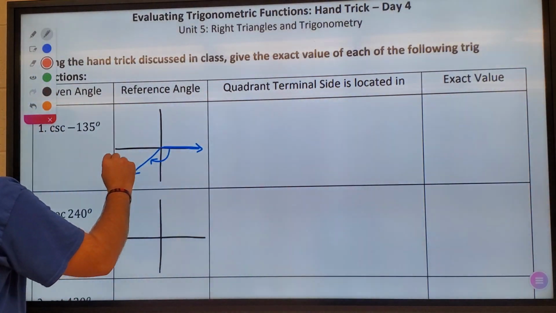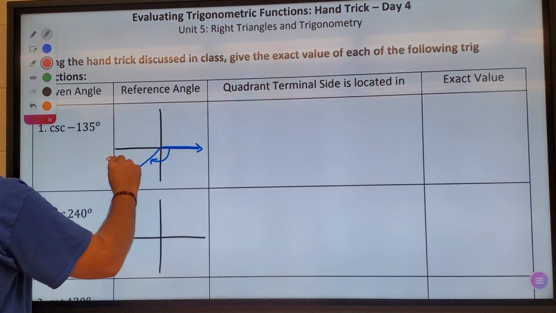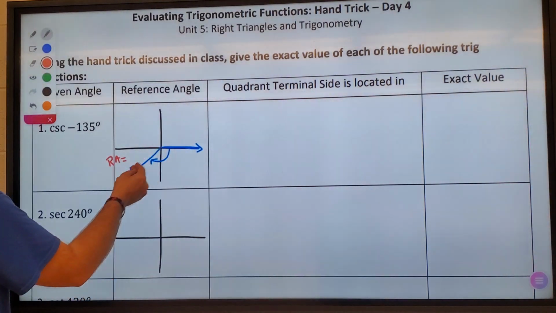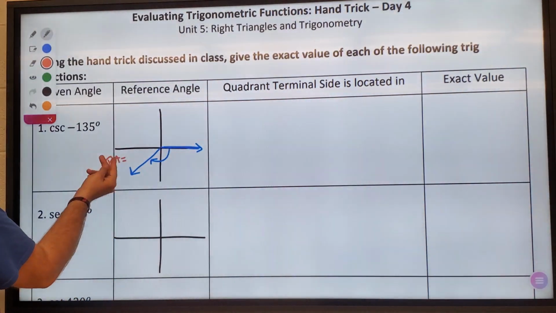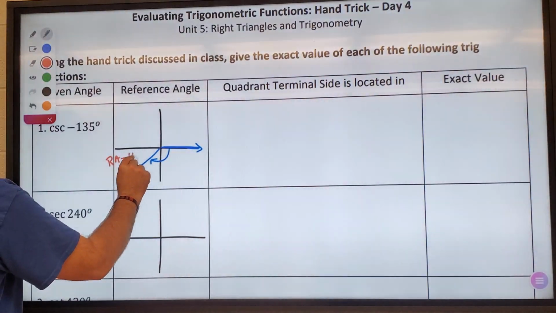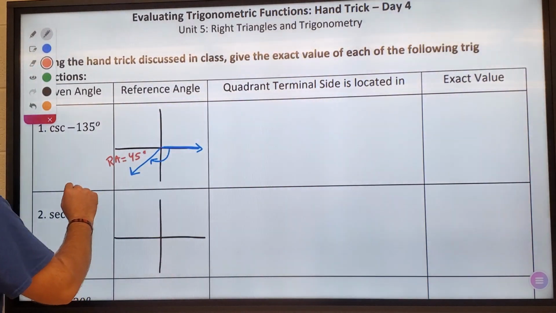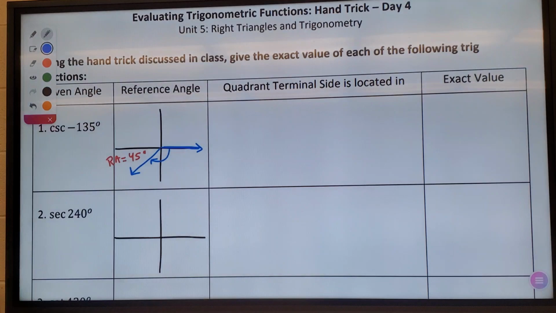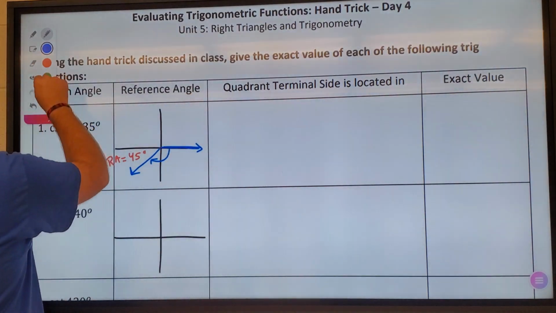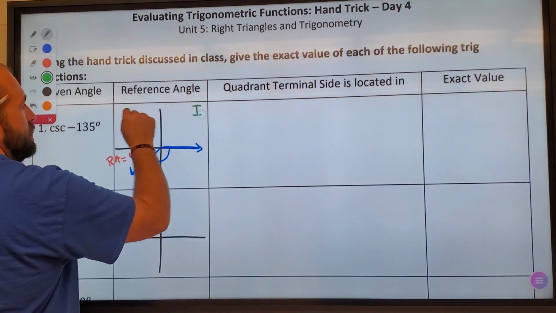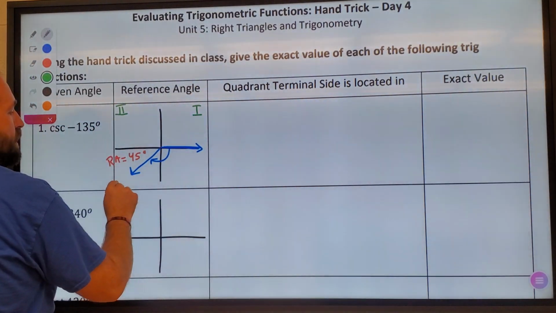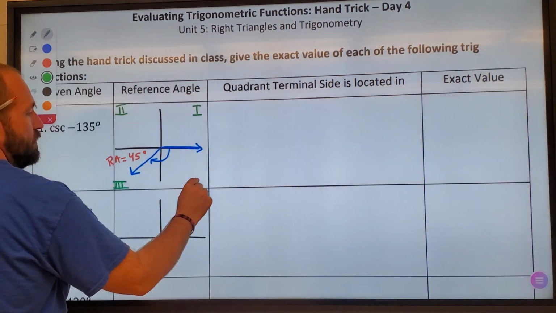Okay, reference angle then is this angle between the terminal side and the closest x-axis. So 45 degrees. Okay, the middle part there where I asked for the quadrant that the terminal side is located in, this is in quadrant 3. So again, it goes quadrant 1, 2, 3, 4.